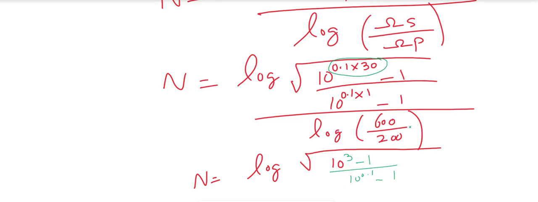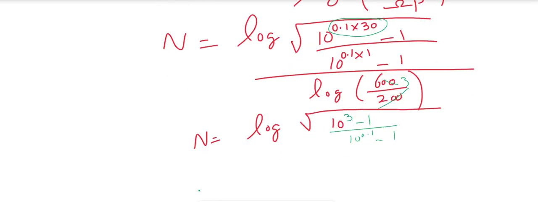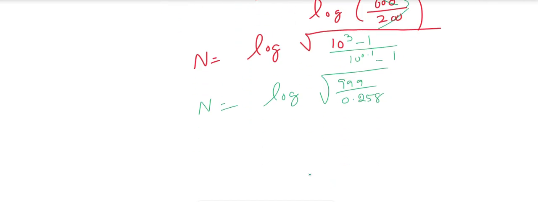So we get the square root of 999 divided by 10 to the power 0.1, and using a calculator this value will be 0.258, divided by log of 3.